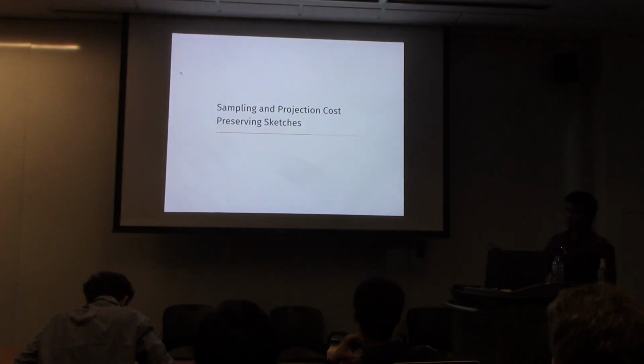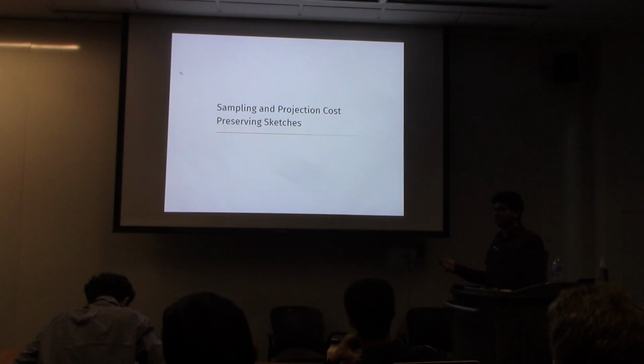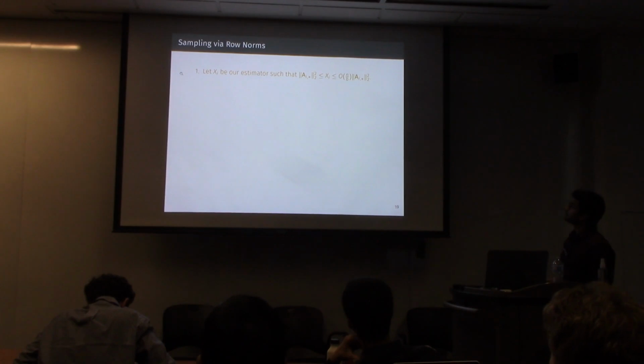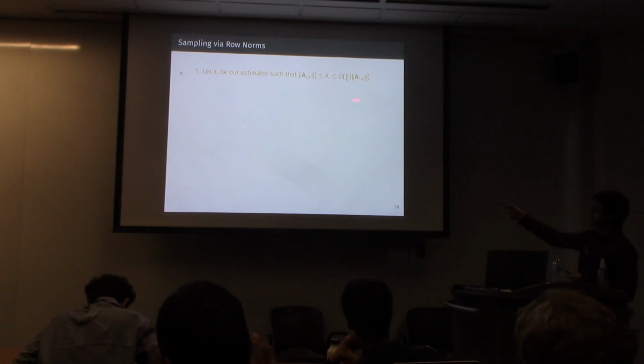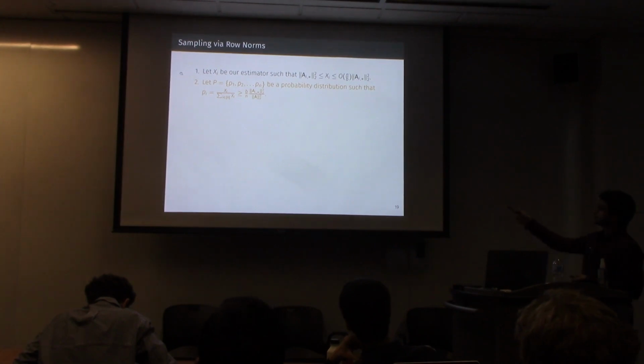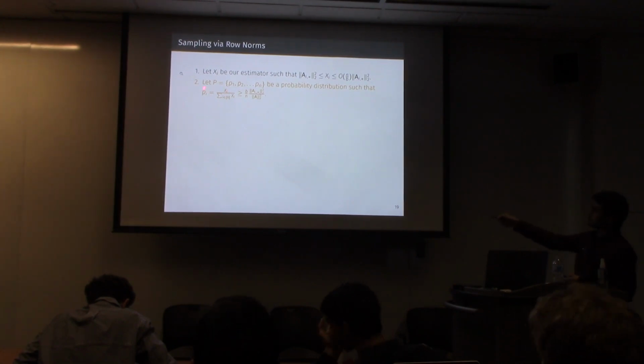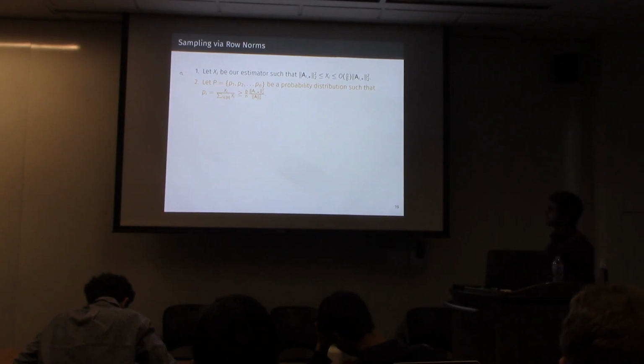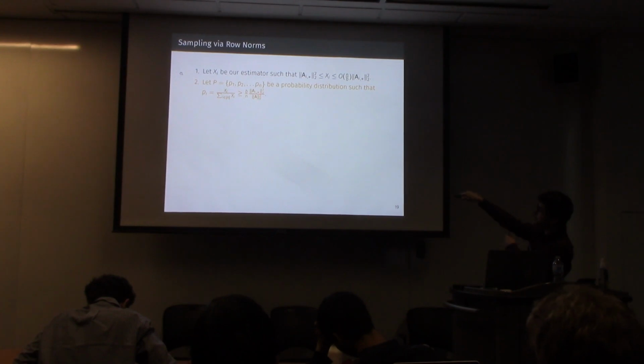So like I said, we can't really use Frieze-Kannan-Vempala, because that would give us nothing. So what do we do? We have these estimates of the L2 norms and we want to sample the rows according to these estimates. What are the guarantees that we can get? All right, so we have the estimator xi, which follows this guarantee. From this, we can construct a probability distribution by just looking at the relative mass of each row according to our estimator, and this is a B over N approximation.